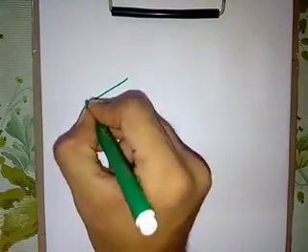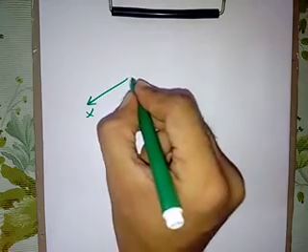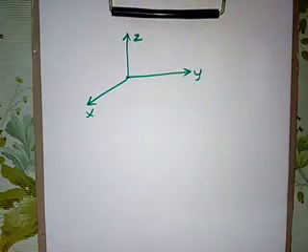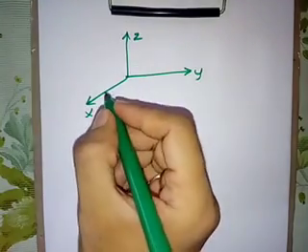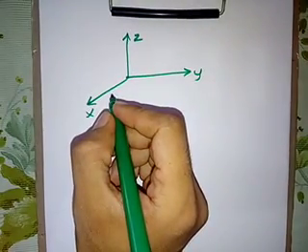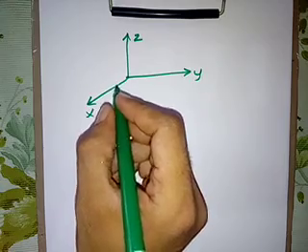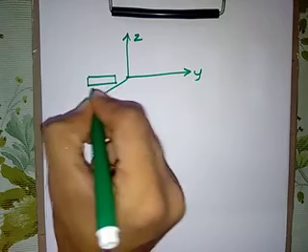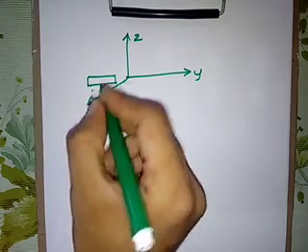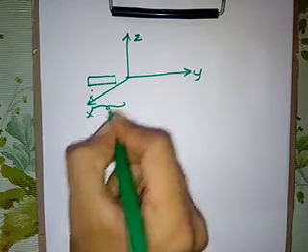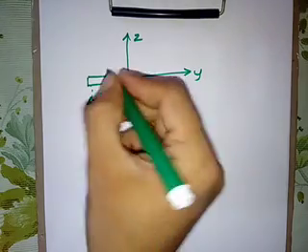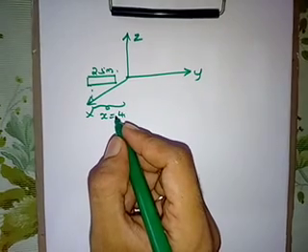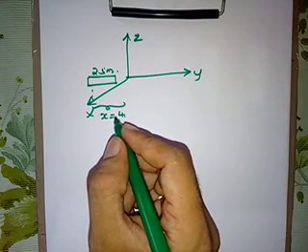If we consider this as x, this as y, and this as z, they are saying length 2.5 meter, x equal to 4, z equal to 0. So somewhere it comes like this, that is x equal to 4. Then the length of this is 2.5 meters, correct.